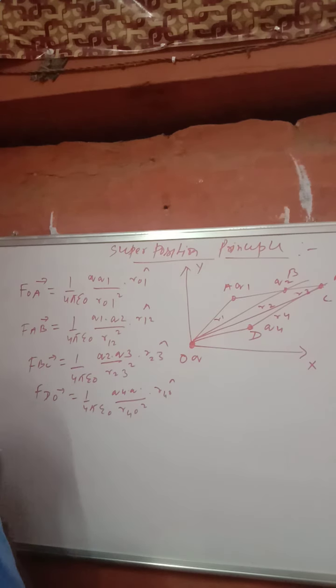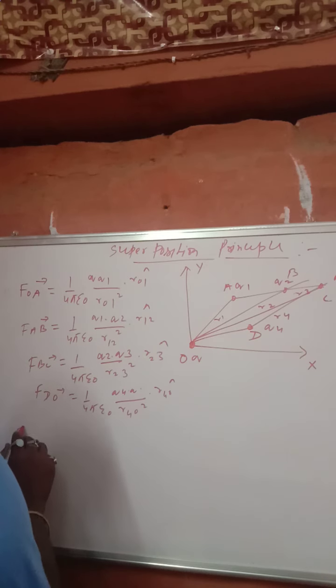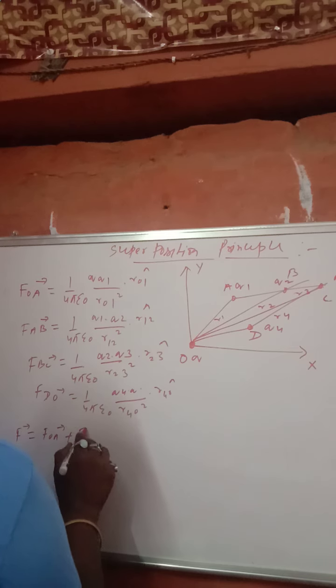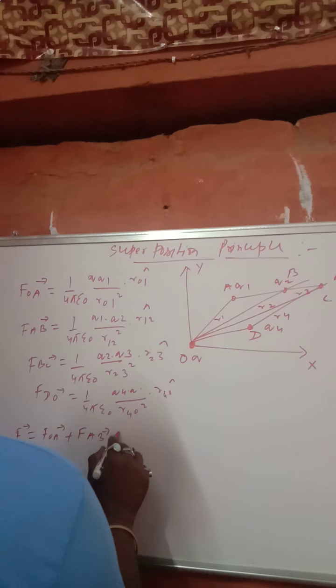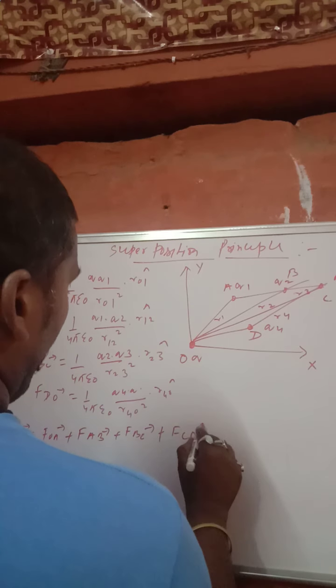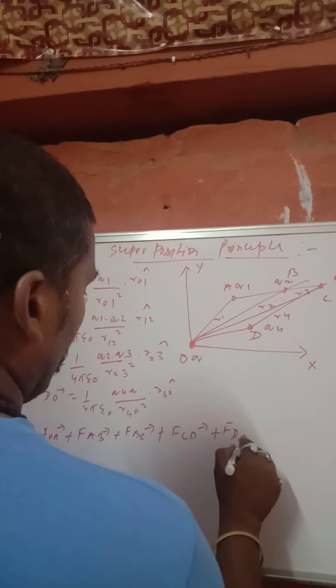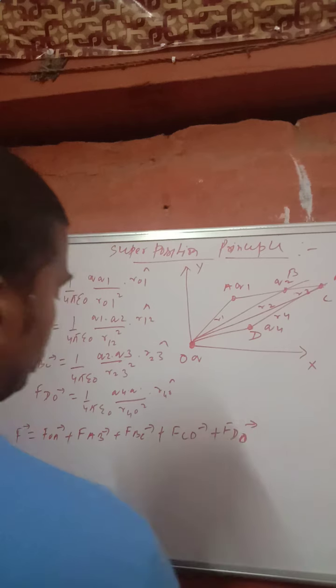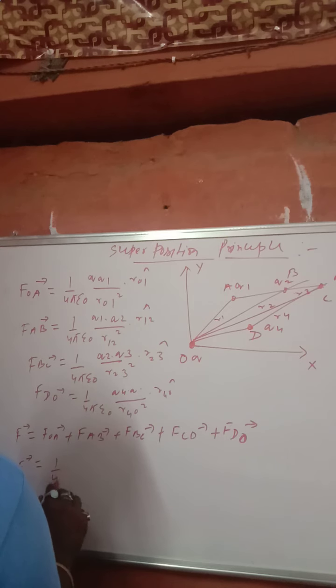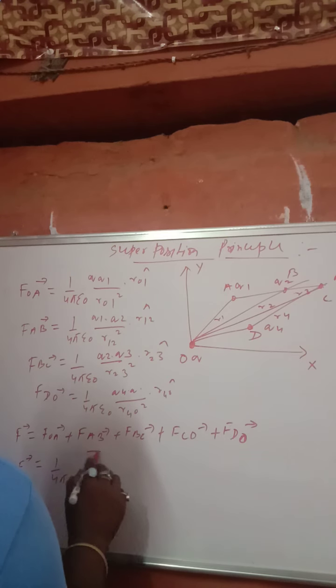Similarly, we can identify the total applied force F as the sum of FOA, FAB, FBC, FCD and FDO. We know that 1 upon 4 pi epsilon naught is common in all terms.